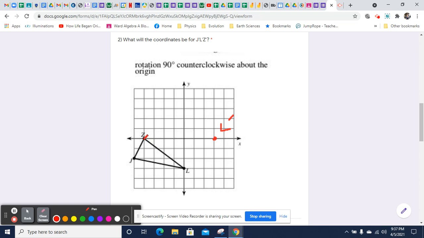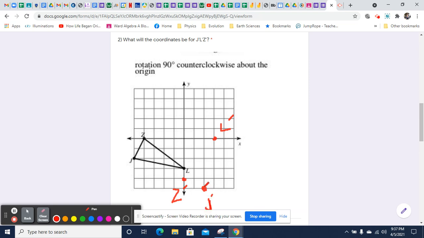Z is just going to rotate 90 degrees around from the x-axis to the y-axis. And that will be Z prime. And then finally, J is going to rotate from quadrant 3 to quadrant 4. Instead of being at negative 5, negative 2, it's going to be at 2, negative 5 right there. So that'll be J prime.